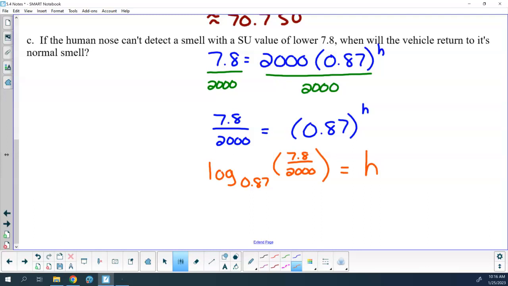Find me that value. So I would say approximately 38 or 39.2 hours.